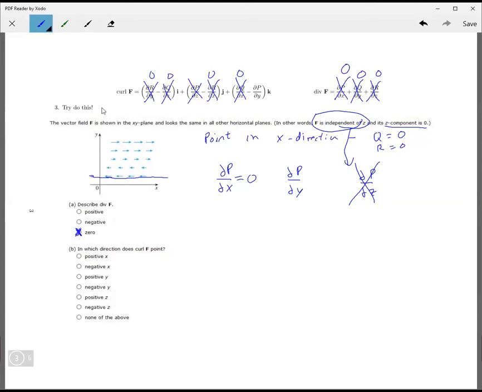Now, as you go up, what happens? No, this arrow and this arrow are smaller than that arrow.